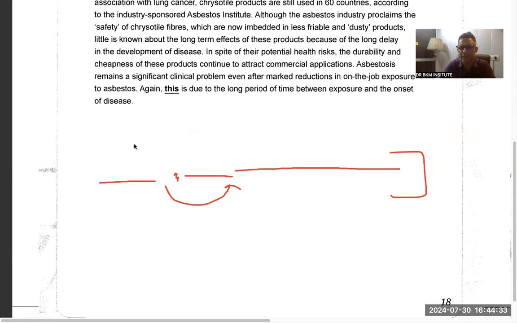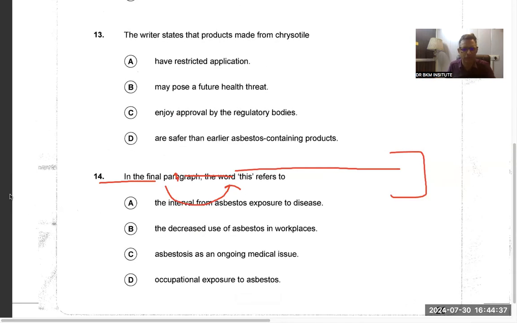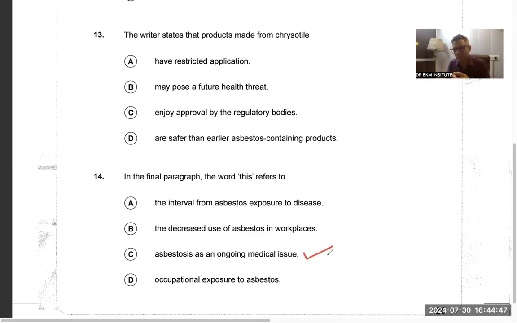So if I have to paraphrase this: asbestos, ongoing medical issue. That is how simple OET readings are, if you understand. This is due to what? It is a significant problem which is ongoing. It is a clinical problem. Clinical means medical.